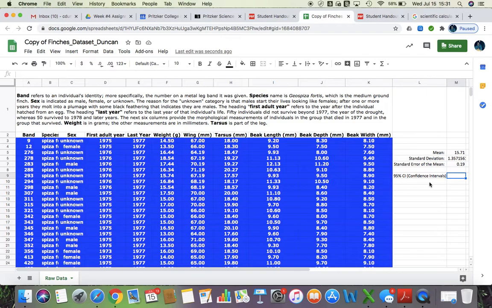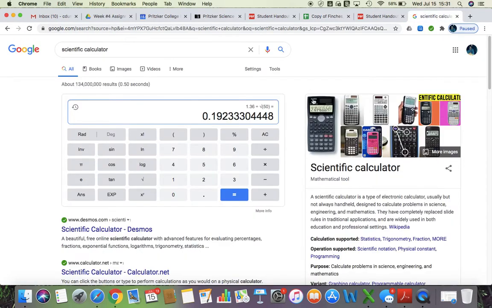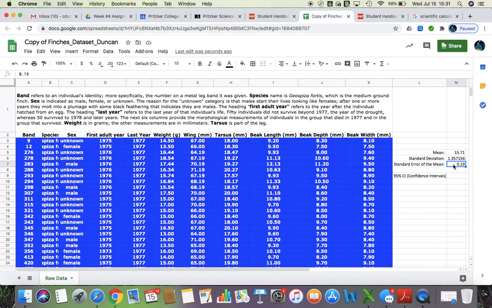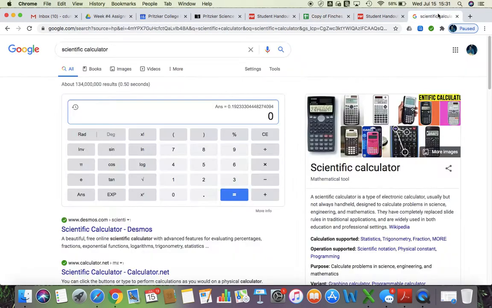So what does that mean, basically? All right, so I have an average of 15.71. I have a standard error of the mean of 0.19. So now I'm going to take my standard error of the mean, which is 0.19, and I'm just going to multiply that by 2.